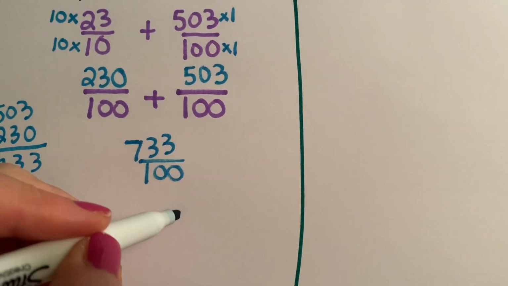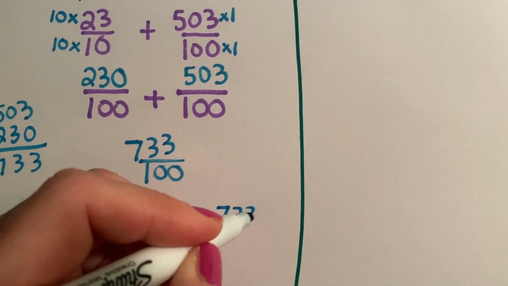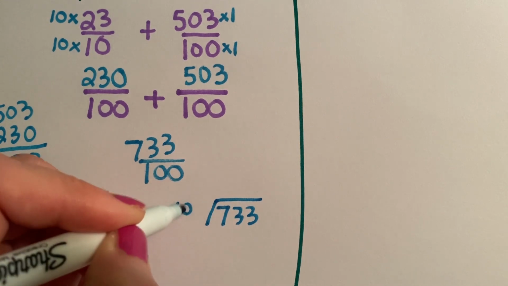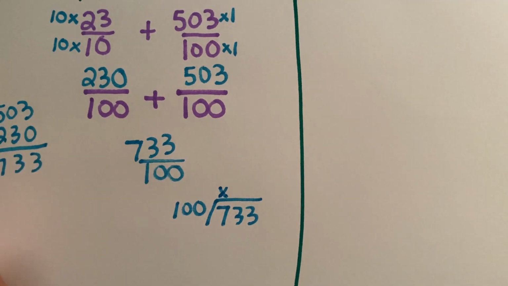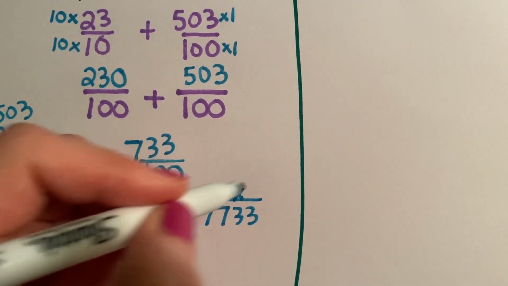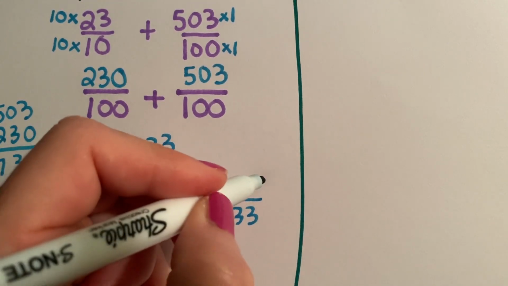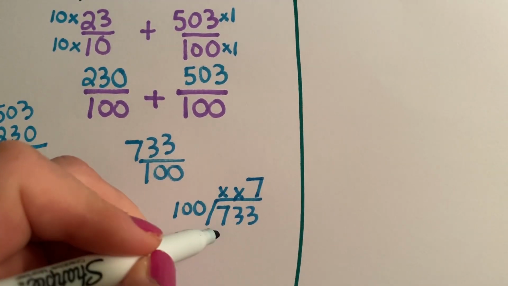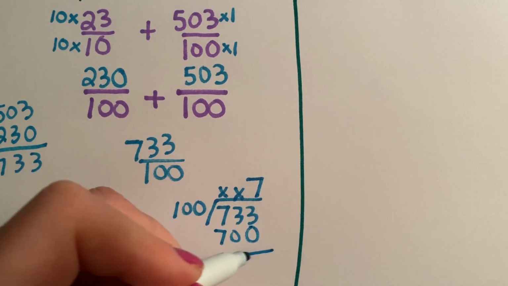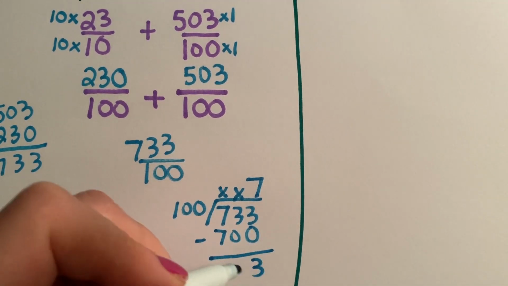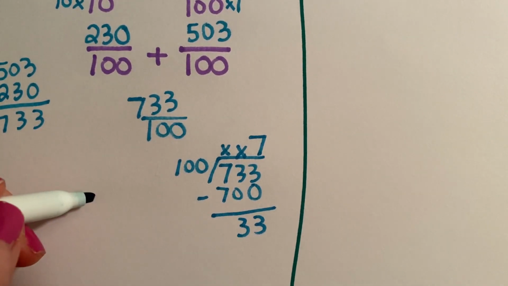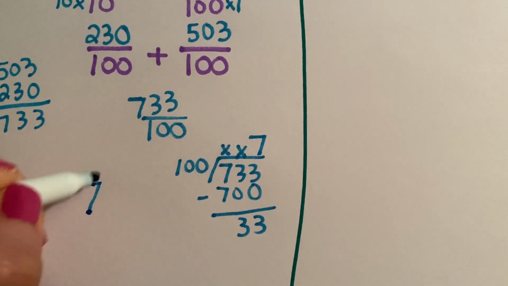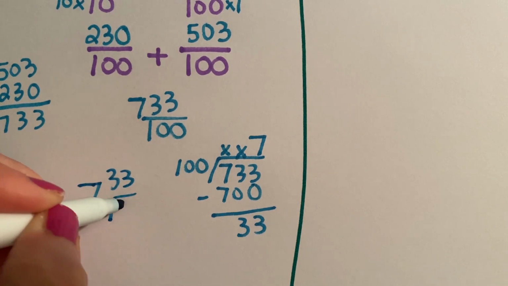So our final step is to long divide 733 by 100. We can't squeeze 100 into 7 or 73, but we can squeeze 100 into 733 7 times. 7 times 100 is 700. Subtract, and we get 33. So the final answer to this addition problem is 7 and 33 hundredths.